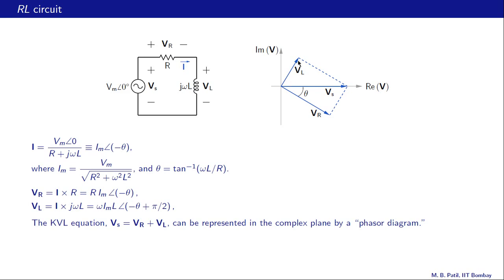What is the angle of VL? It is minus theta plus pi by 2, that means we go clockwise by theta and then we go anti-clockwise by pi by 2. That brings us to this angle. Alright, and now this equation Vs equal to Vr plus Vl is essentially a vector equation. If we add Vl and Vr, then we get Vs.